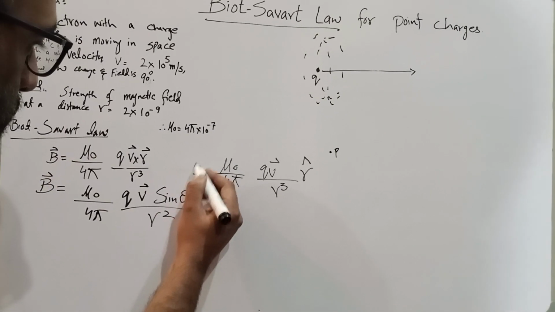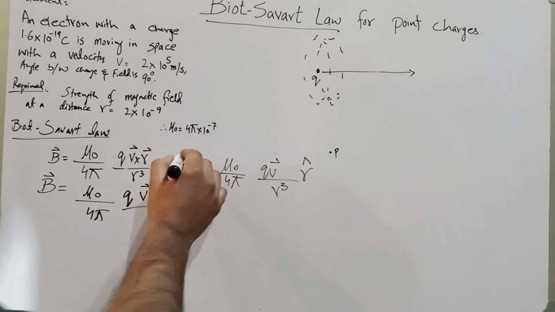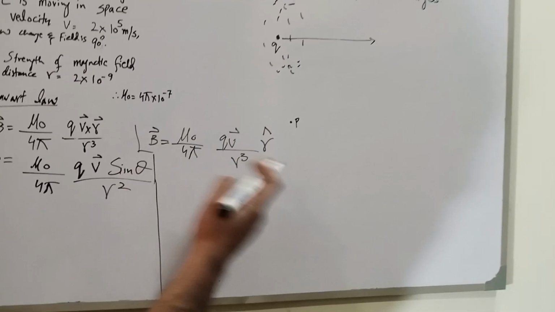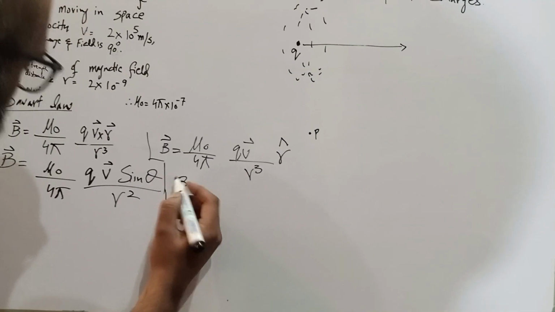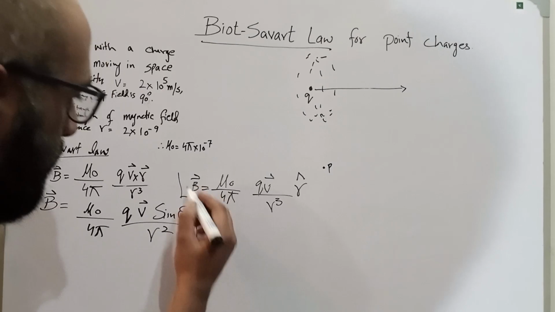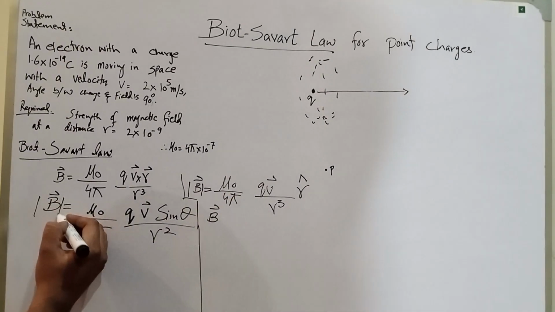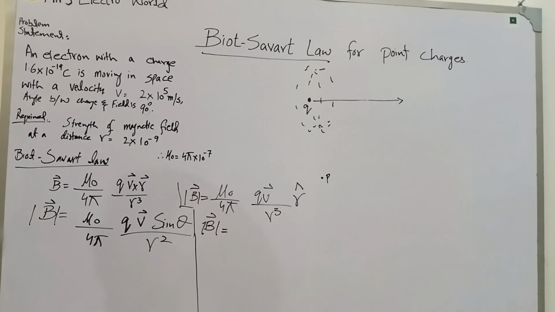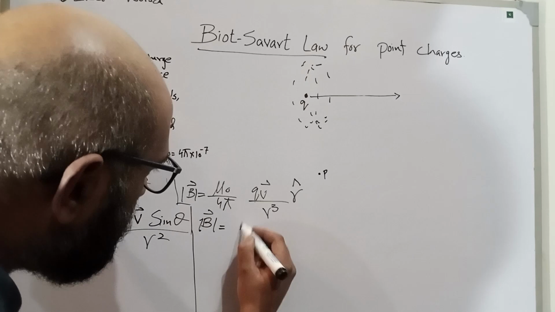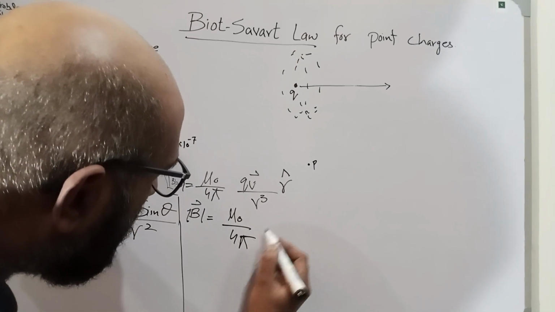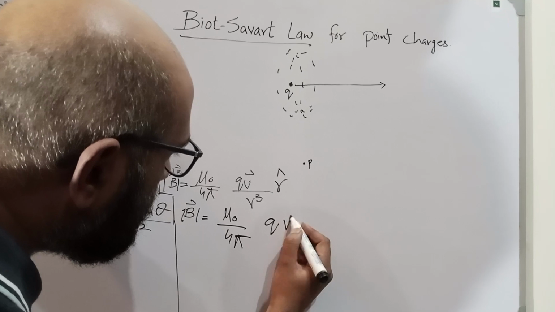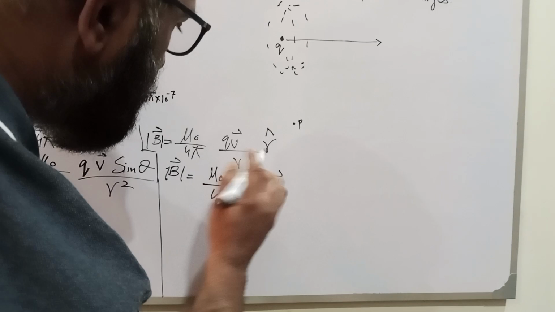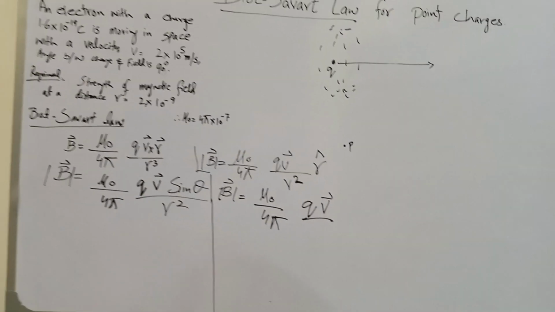Now the magnetic field is equal to this. Have a look at what we get after solving this. This is the magnitude now. The magnitude of B, the magnetic field, is equal to mu naught over 4 pi into Q into V into 1 over R squared, when we are doing this with the unit vector.